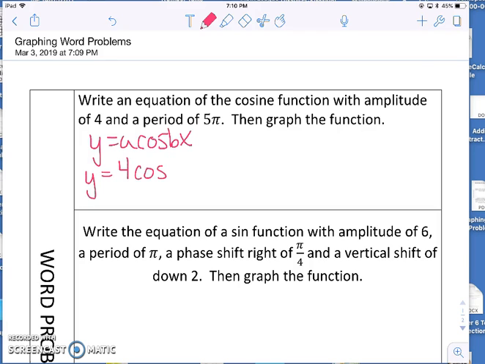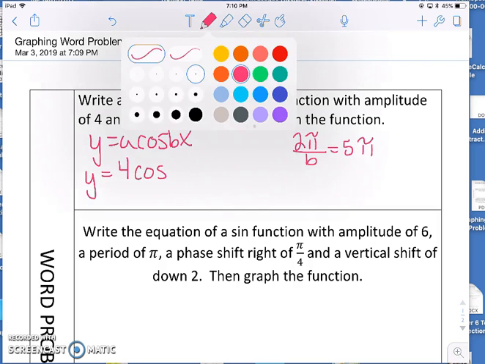But we have to find our b value, and we know our b value is 2 pi over b, our period. Well, we know that equals 5 pi, so now we can just solve for b.